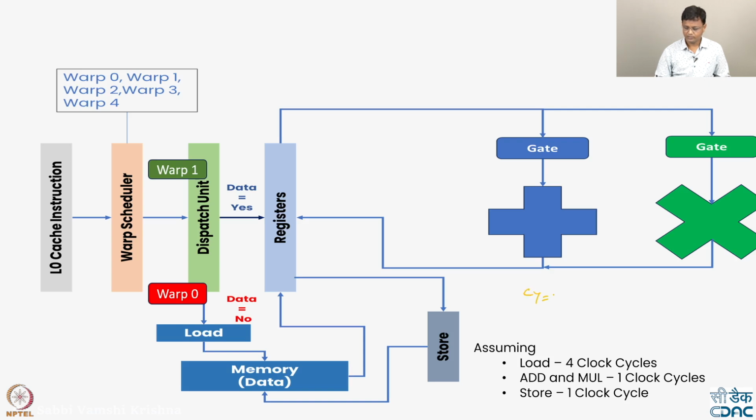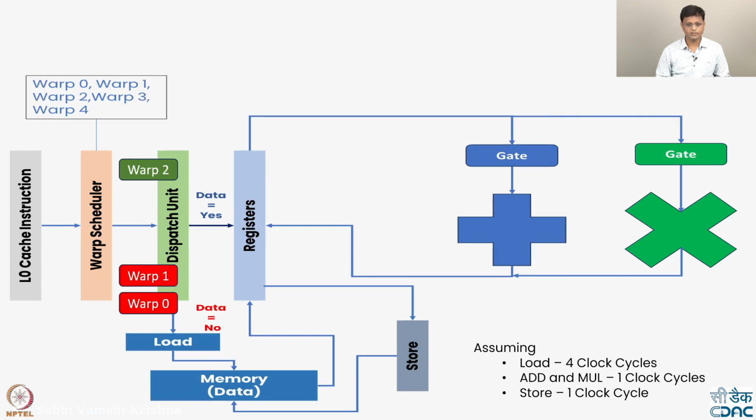And in cycle 2 it is happening. Next, warp 1 comes to the dispatch unit and it also checks whether the data is ready for the warp or not. Again, data is not ready. So, in clock cycle 3, warp 0 and warp 1 are waiting for the load operations to be complete.